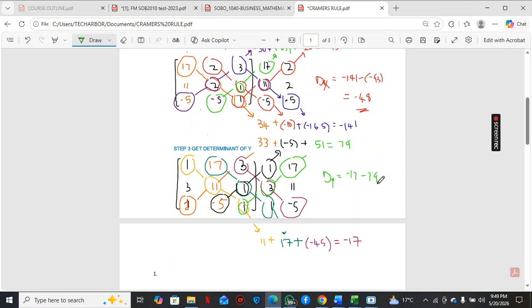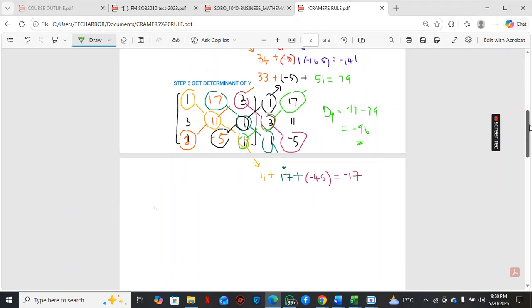Negative 17 minus 79, we get negative 96. Negative 96. That is our dy. Okay, that is step 3.